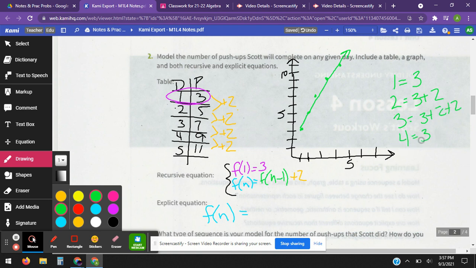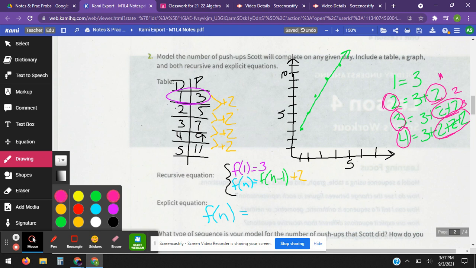The fourth is 3 plus 2 plus 2 plus 2. So what I'm noticing, when I have 2 here, I only have 1 here. 3 here, I only have 2. 4, 3. So it's the same idea as the Ready for More from the last lesson.